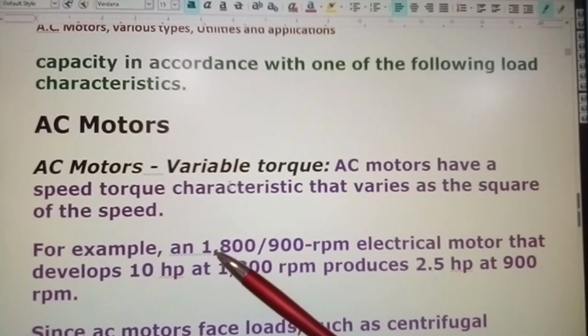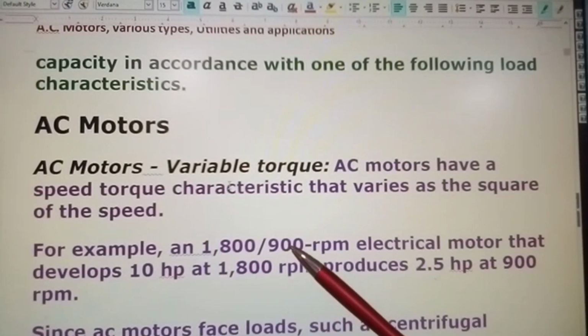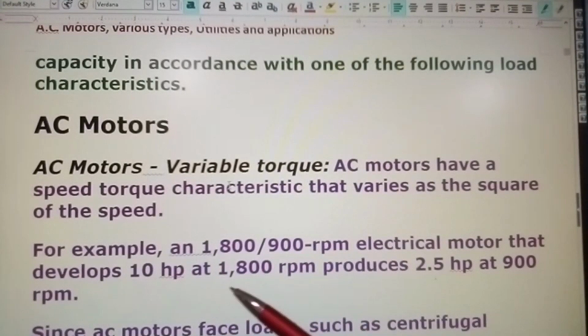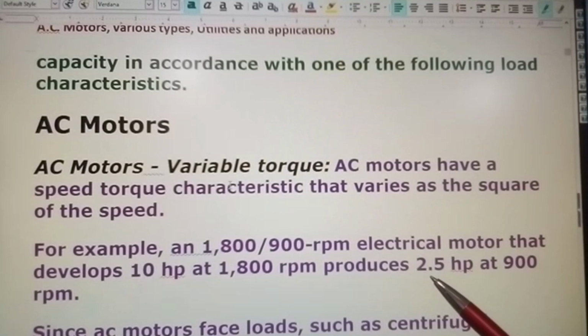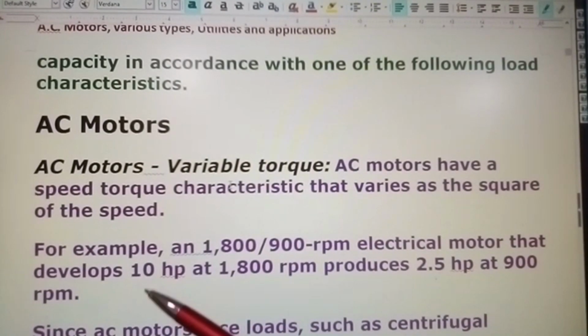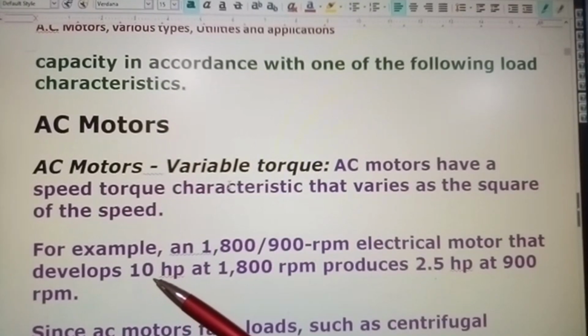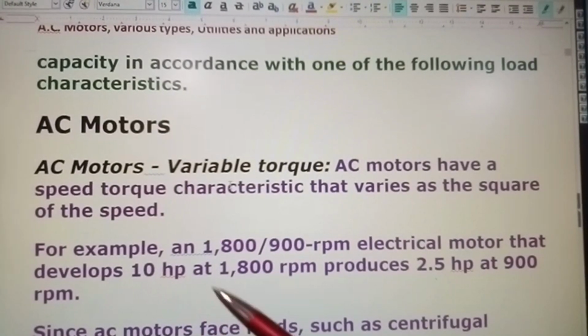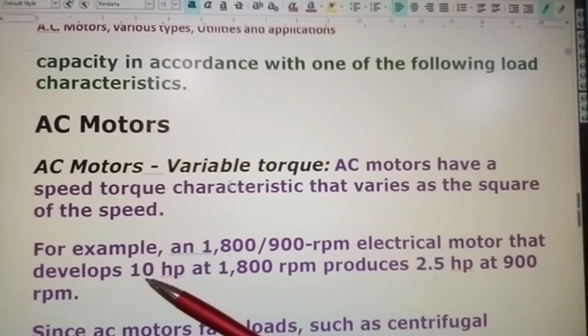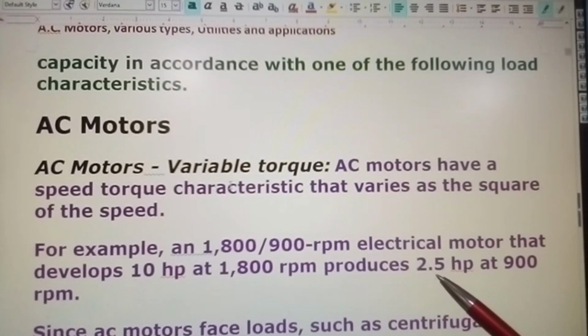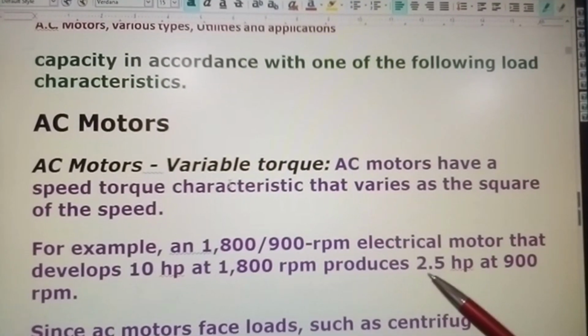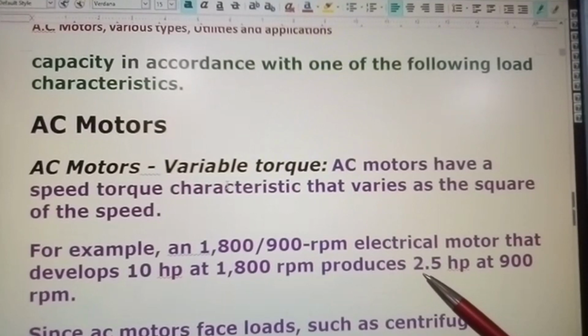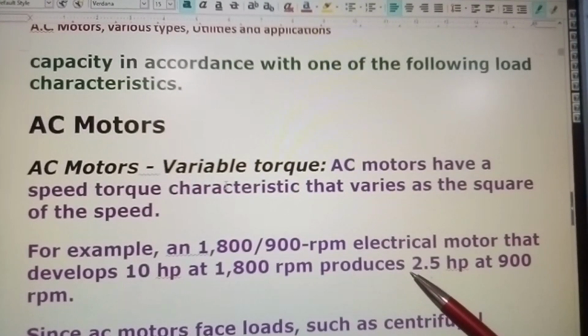So from your maximum speed to your lowest speed, you can see that the horsepower will be reduced. Now, if you're pulling a given load at 10 horsepower and you suddenly drop that down to 2.5 horsepower, what effect will it have on that motor?